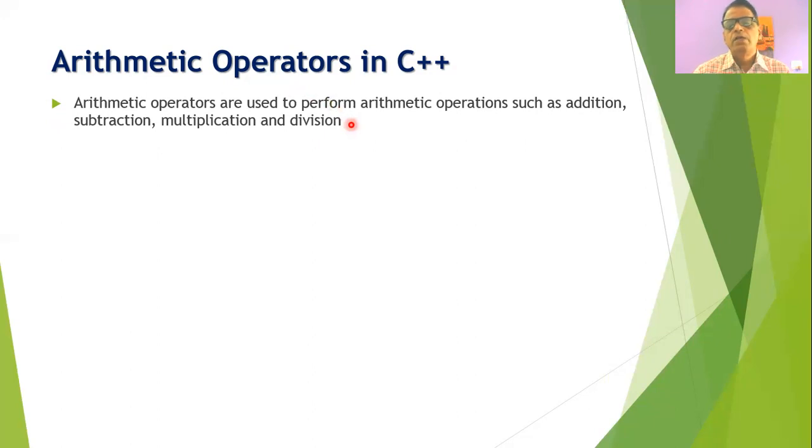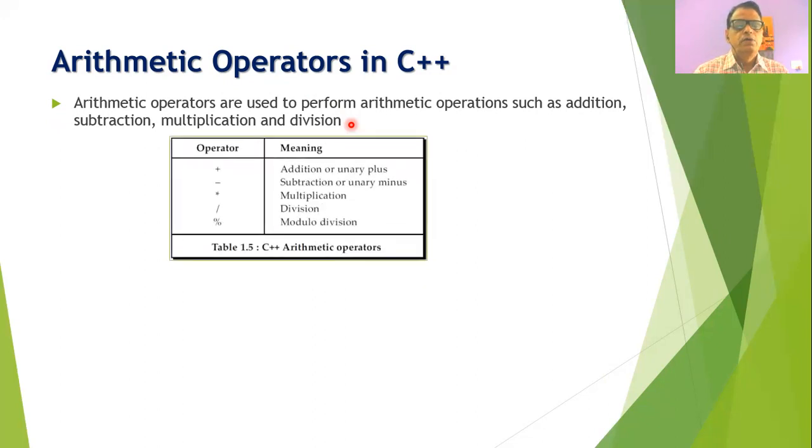Arithmetic operators are used to perform arithmetic operations such as addition, subtraction, multiplication, and division. In C++, the plus symbol is used for addition or unary plus. The minus symbol is used for subtraction or unary minus. The asterisk or star symbol is used for multiplication.